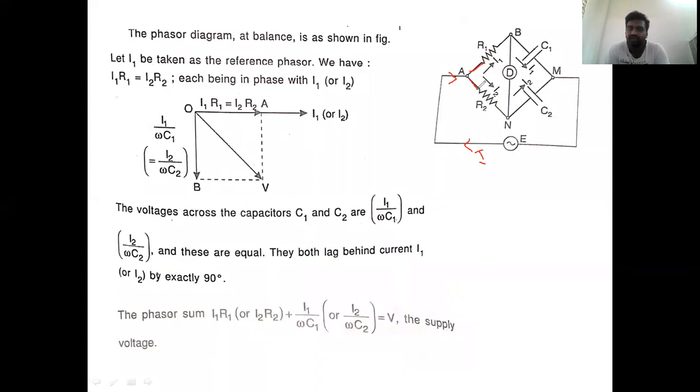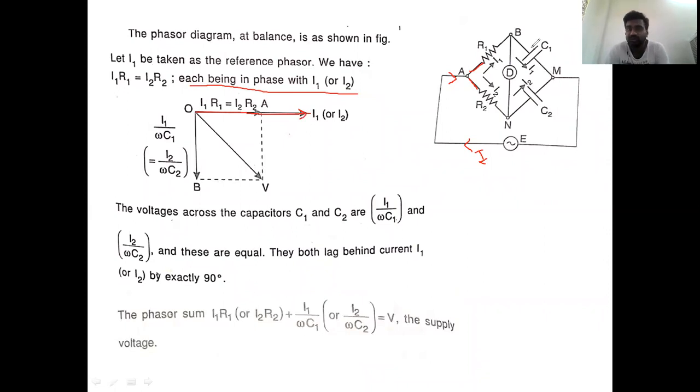Both currents are in phase. I1 is in phase with I2, even though there is a splitting. The initial current I is split into two components, I1 and I2, and both are in phase. That's why we represented them in a common phasor.